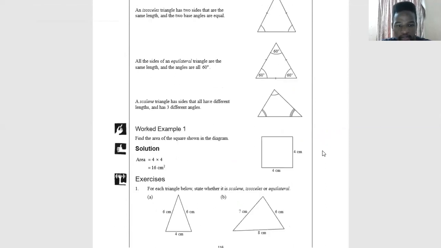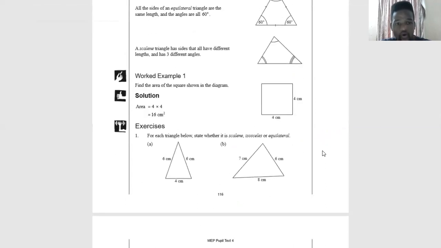And then for the square, we'll do much of this when you're doing measurements for squares. You might be asking yourself, why am I including squares in trigonometry?